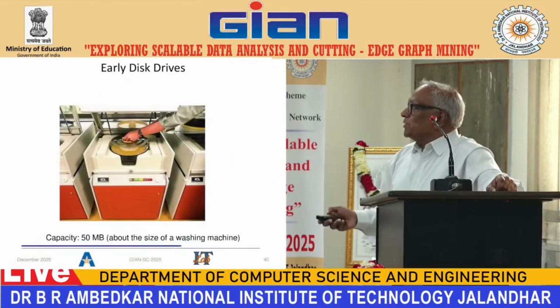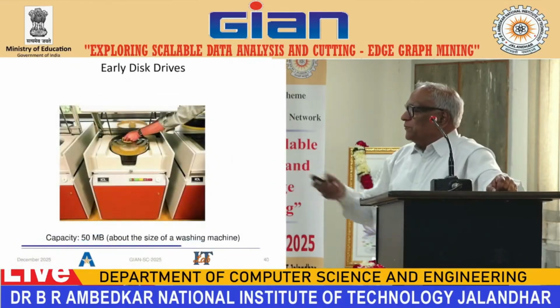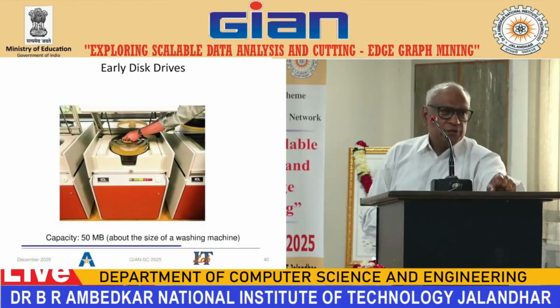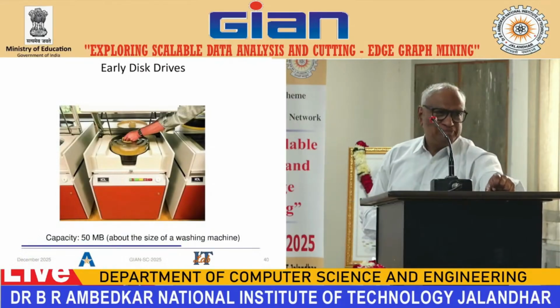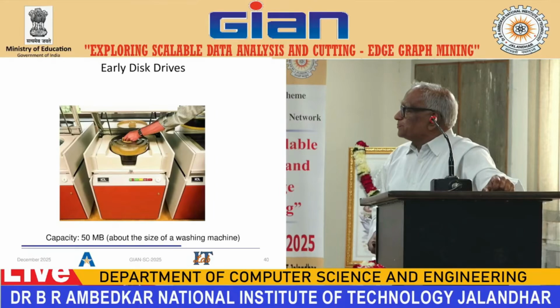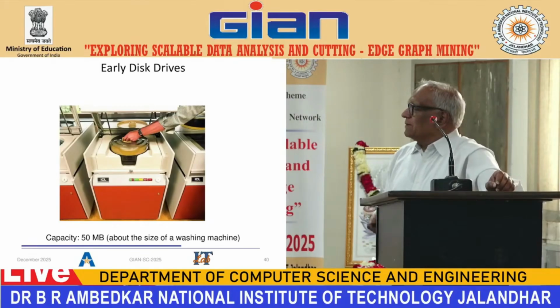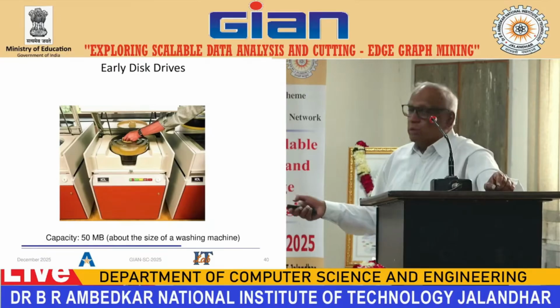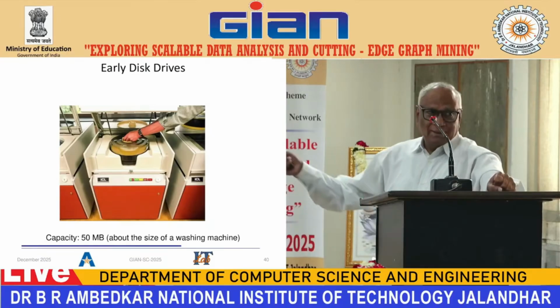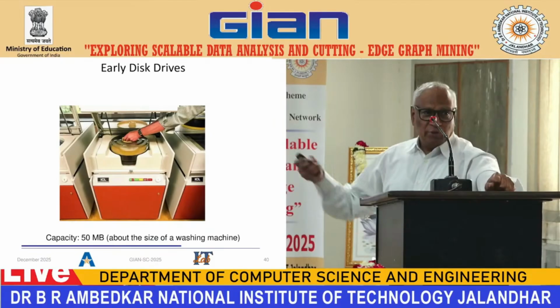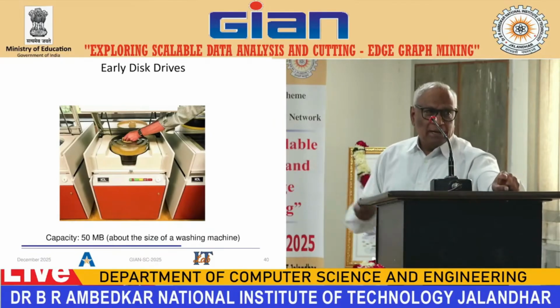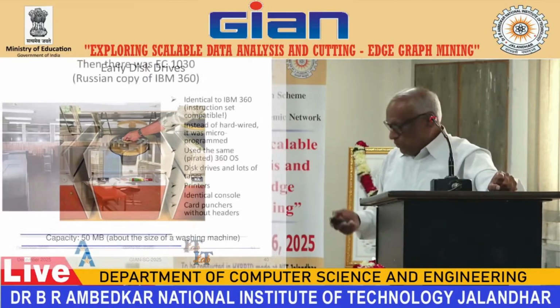This is like a washer. Capacity 50 megabytes, about the size of a washing machine. This is a Russian computer equivalent of IBM 360. In IIT Bombay, we got one of these machines. I ended up working on this machine. We could write assembly programs and Fortran programs in those days.